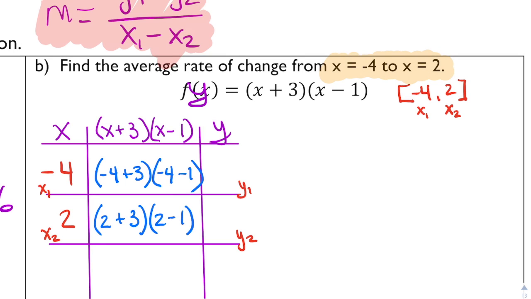All right, so I got 5 for my y1 value. And let's see, I hit the blue button, and enter. My parentheses pop up again, and I can use the delete button and go over top, or you can just retype it. If you use the delete button, it's DEL, up by the cursor at the top.